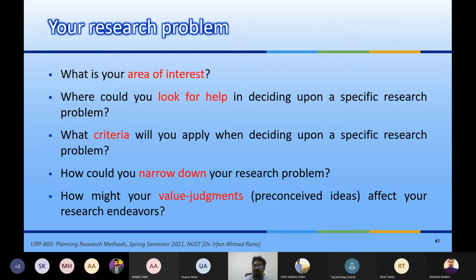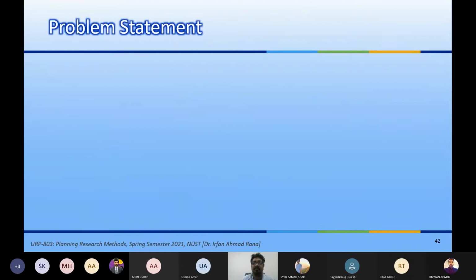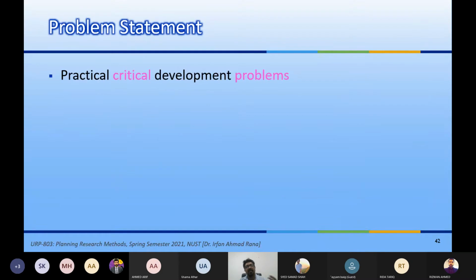Sometimes you need to be aware of what level of research has already been done on this problem, so you need to have a very good grip on that as well. That will really help you in defining your research questions. So you need to have a quick literature review. You need to know what the developments behind this problem are.